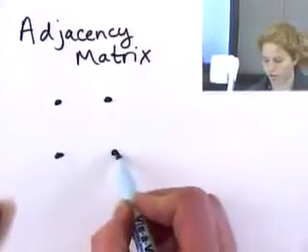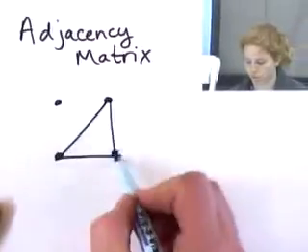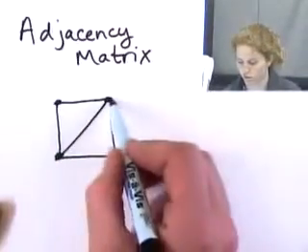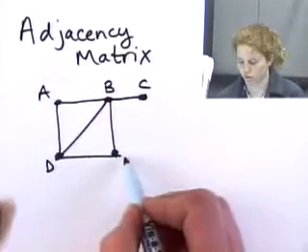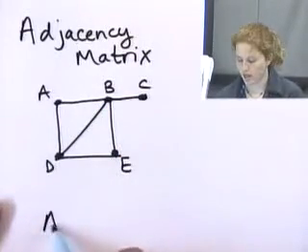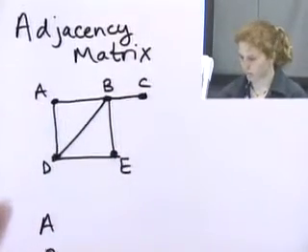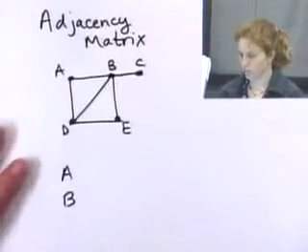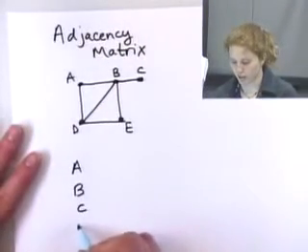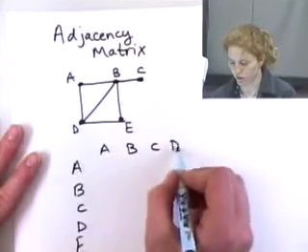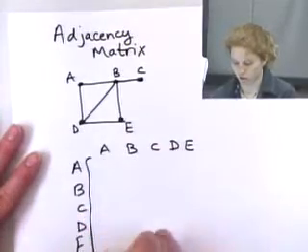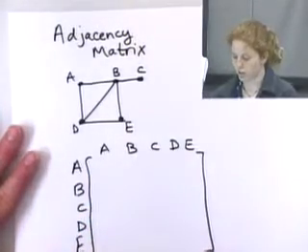So let's make a graph. And if I want to represent who's next to who, basically, I can make a matrix.